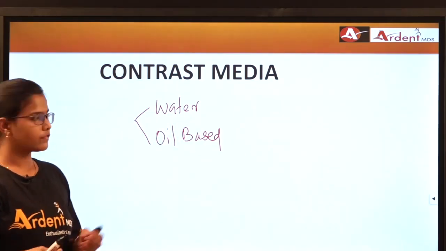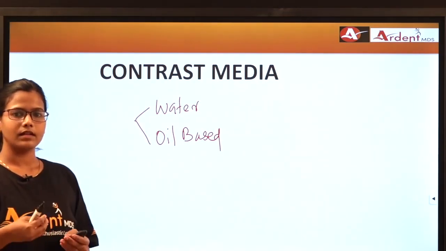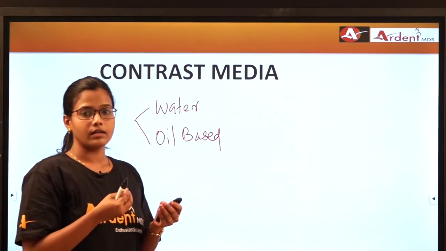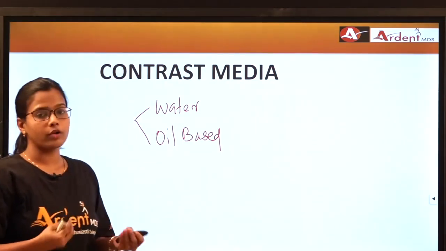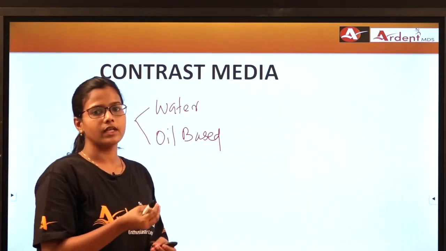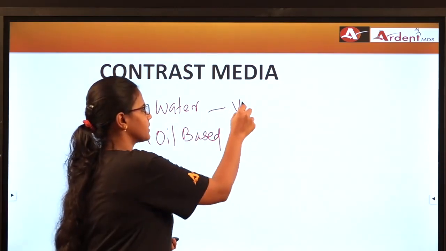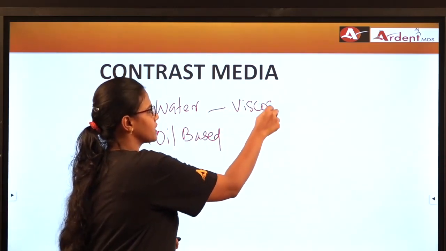So from that itself we can understand the water based contrast media will fill even the narrower ductal regions, while the oil based contrast media can't flow that much, or can't fill the narrower fine ducts, right? So that is based on the difference in viscosity.